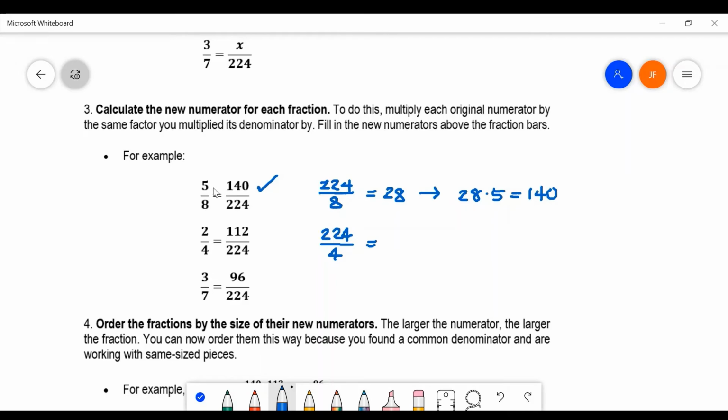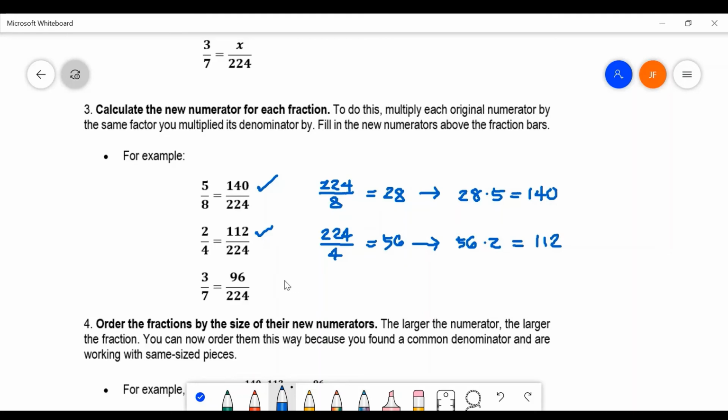So the 8 times 7 is 56. Now that 56 will be multiplied to this numerator 2. So 56 times 2 is equal to 112. Okay, that's where we get this 112.